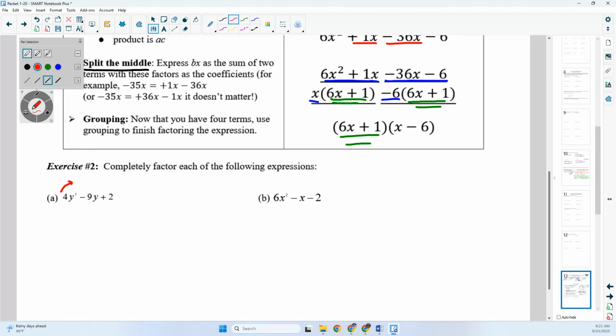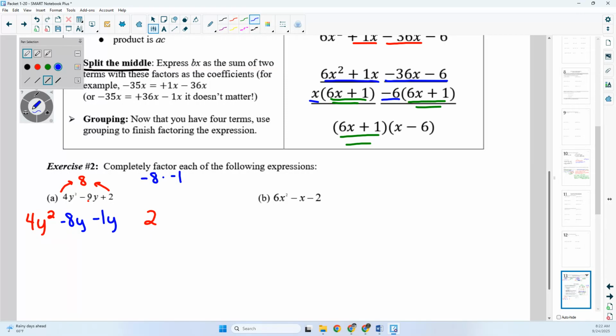So I'm going to try to find numbers that add up to -9 and multiply to +8. I'm going to take my two current terms and split the -9 into those numbers. Numbers that work are -8 times -1. That's my factor pair.